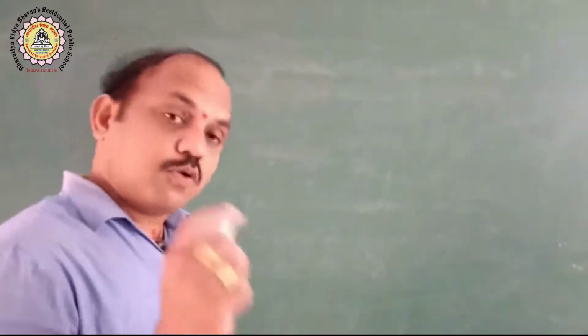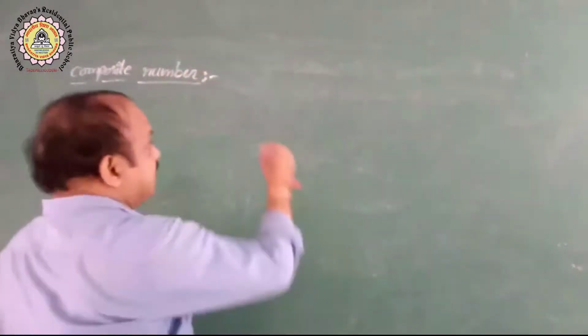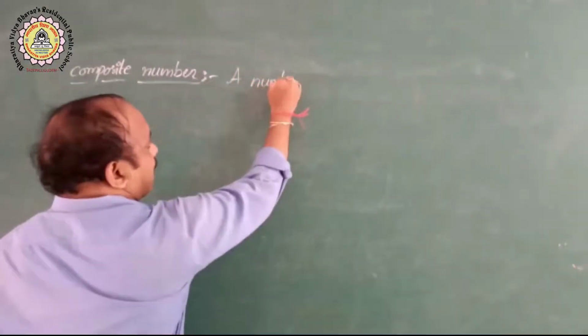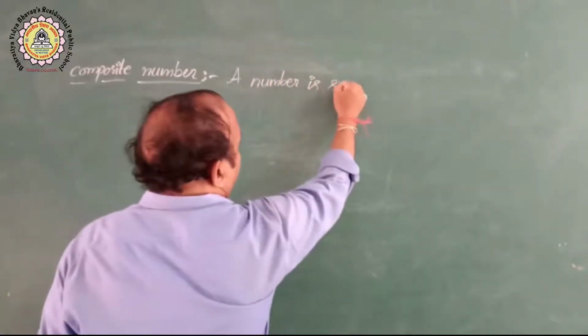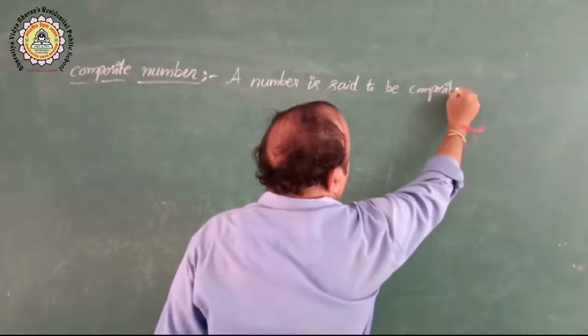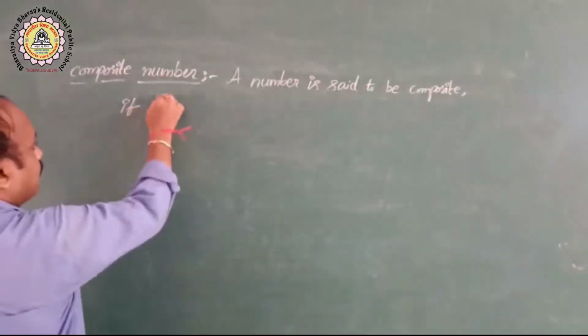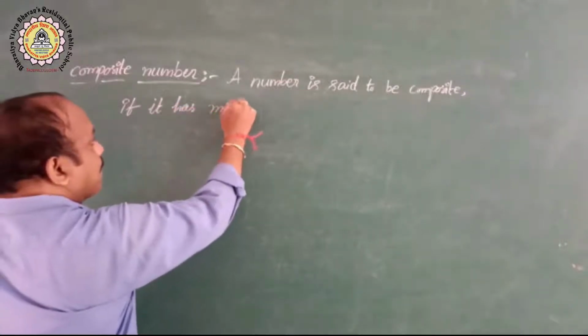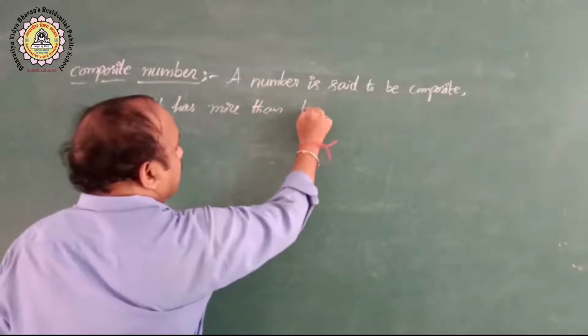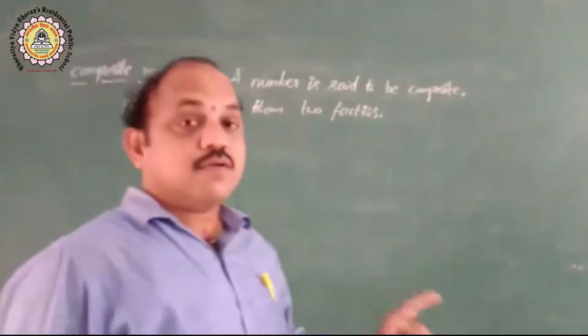Now let's know about composite numbers. A number is said to be composite if it has more than 2 factors.